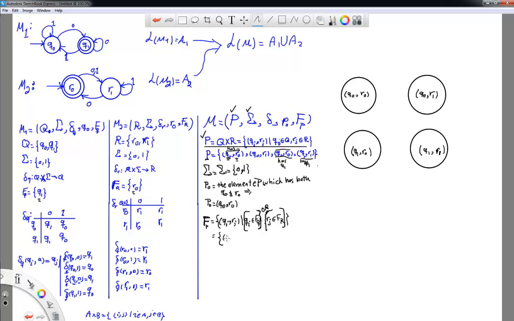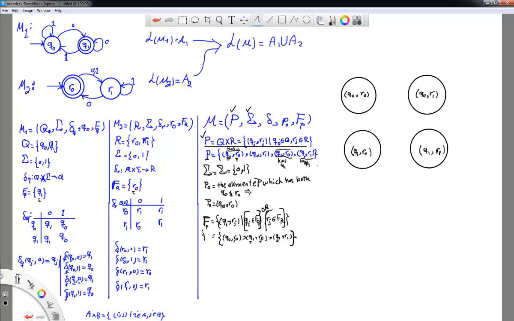So the accept states are (Q sub 0, R sub 0), because R sub 0 is an accept state, and (Q sub 1, R sub 0), because both R sub 0 and Q sub 1 are accept states, and (Q sub 1, R sub 1), because Q sub 1 is an accept state.